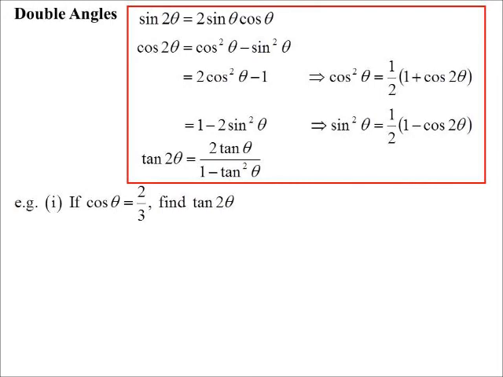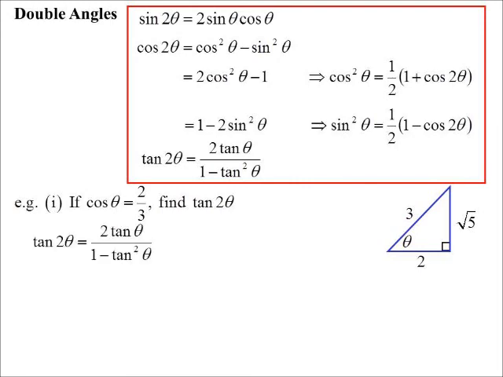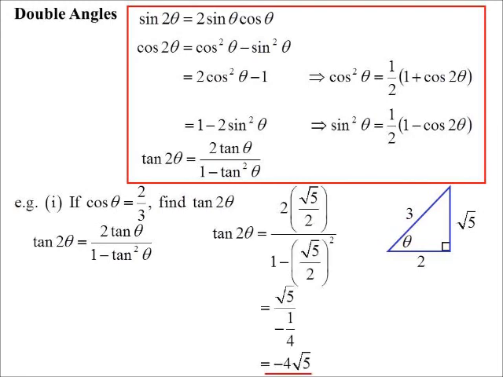I find it a lot easier to just go to the triangle. So I know cos theta is 2/3, so the other side's root 5. So tan 2 theta, substituting in, 2 tan theta on 1 minus tan squared theta. And I get, eventually, minus 4 root 5.